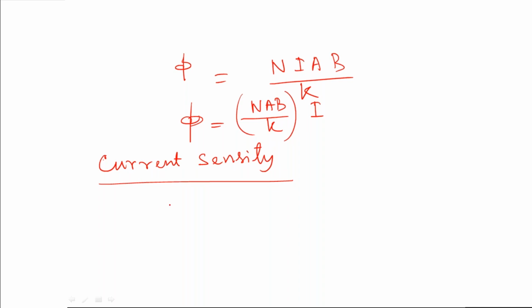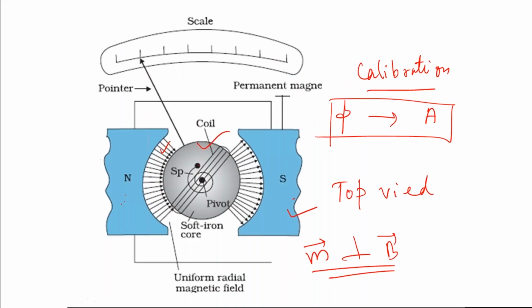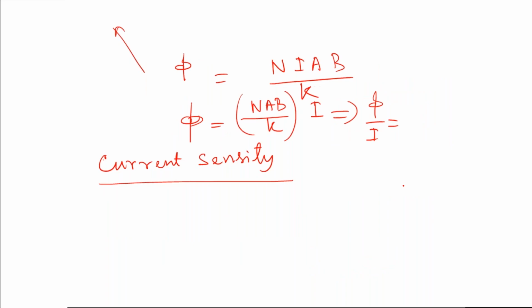As I showed you previously, suppose this is the equilibrium position, this is the deflection phi of the pointer. The deflection of the pointer per unit current is defined as current sensitivity, and current sensitivity is given by NAB by K. So if you want very high sensitivity, you keep all the other things as they are and just increase N, the number of turns in the galvanometer coil.